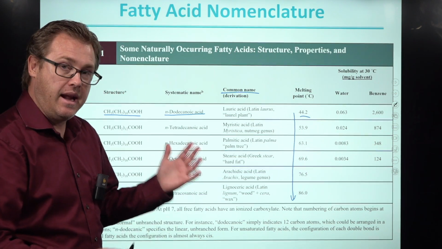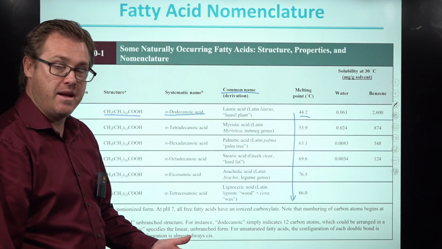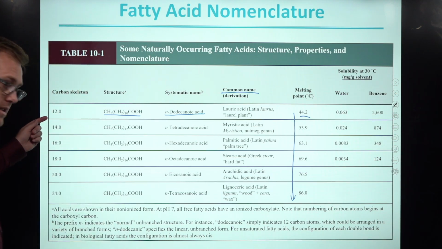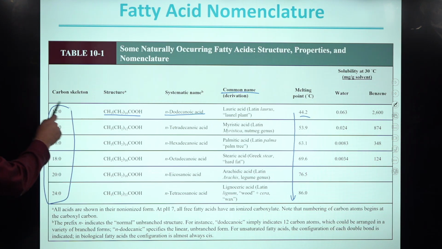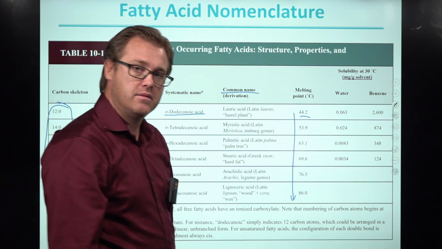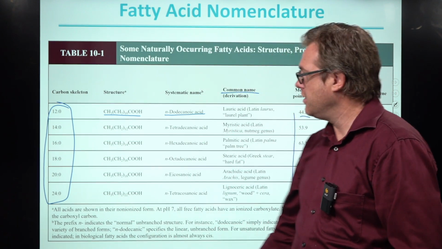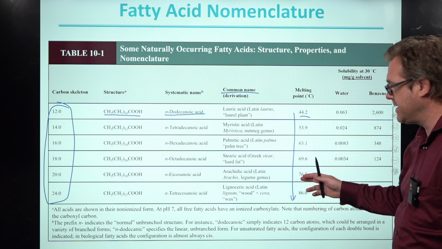Why is there an increase of melting temperature? Well, it's attributed to the length of the carbons. You see that? Longer the carbon, increasing the melting temp.